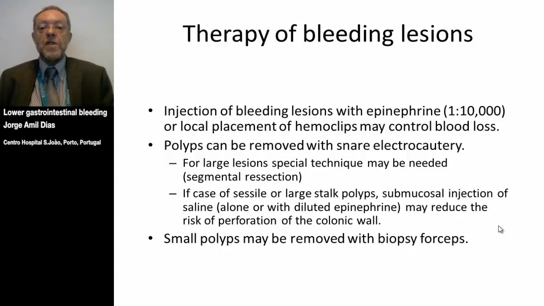In this case, submucosal injection is recommended with saline, sometimes with added epinephrine, in order to raise the lesion and reduce the risk of perforation of the colonic wall. Small polyps then may be removed with just the biopsy forceps.